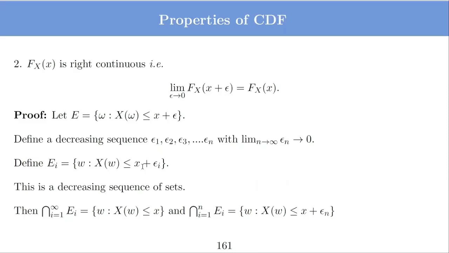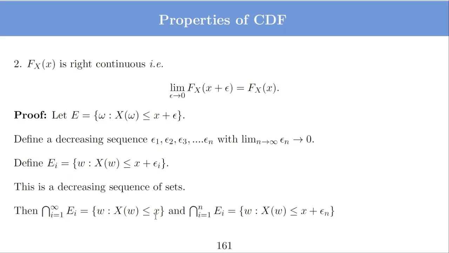Because it is a decreasing sequence of sets, we can take the countable intersection of the E_i's, and recall the countable intersection of E_i is defined as the set of all omegas which are in all of the E_i's. Then you can prove that the intersection of this set is nothing but the set of omega such that X(omega) is less than or equal to x. How do we prove this?